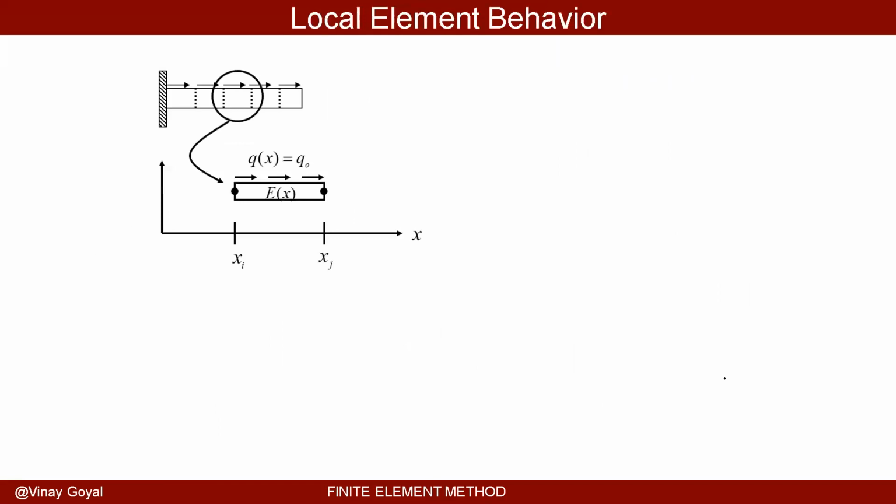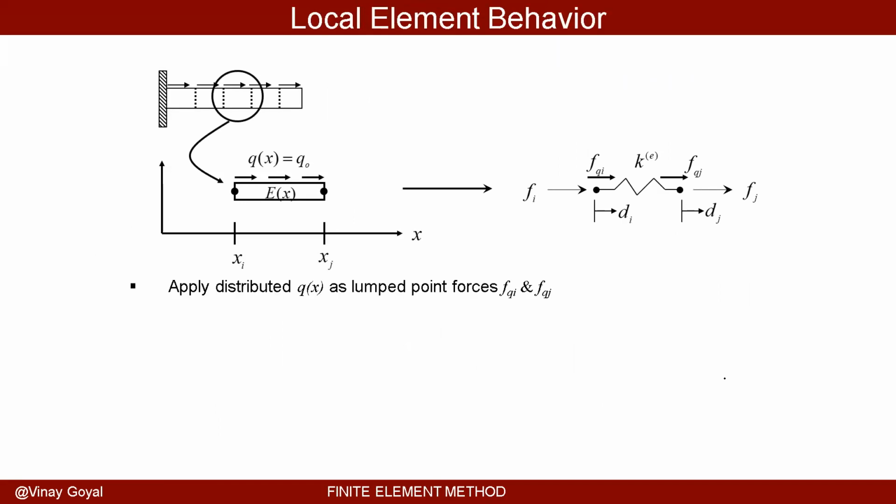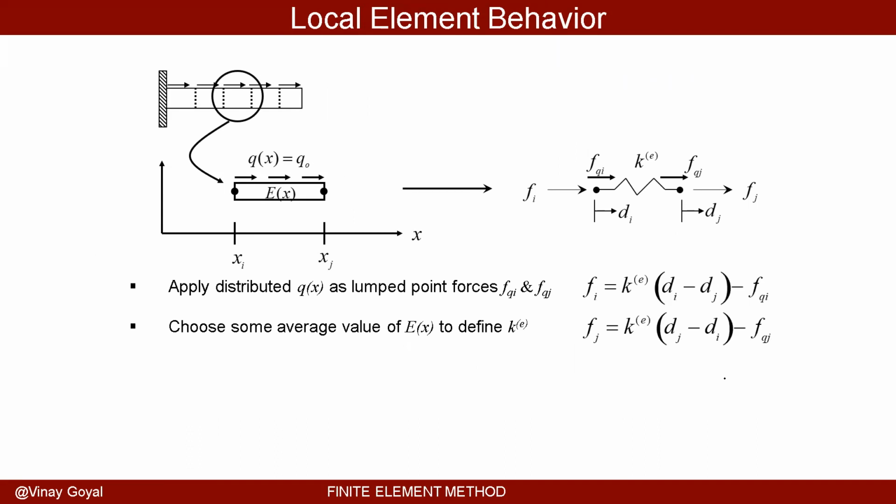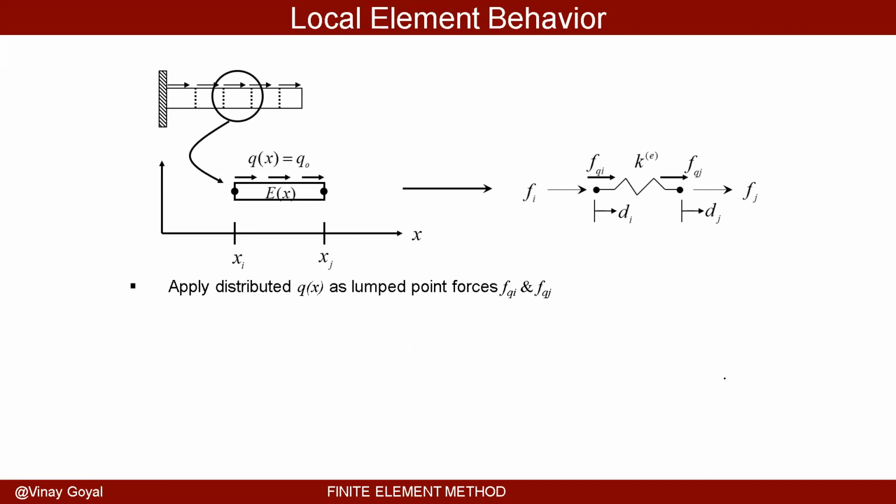I want to assemble the element local behavior, but before that we have to derive the local element behavior. So one thing you could do is lump. For a single element, I have Q naught applied over the bar. What I could do is take that load and put some of it in this node and some in that node. That's one approach.